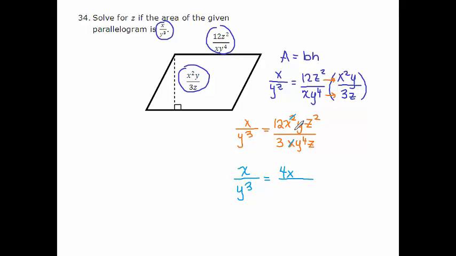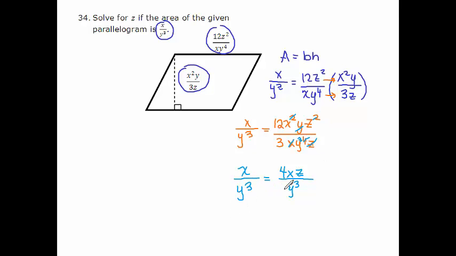For the y's, this one goes away and this turns to 3 on the bottom. And for the z's, I have z squared on the top. The one on the bottom cancels one of those out, and I'm just left with z on the numerator. So that simplifies things quite a bit.